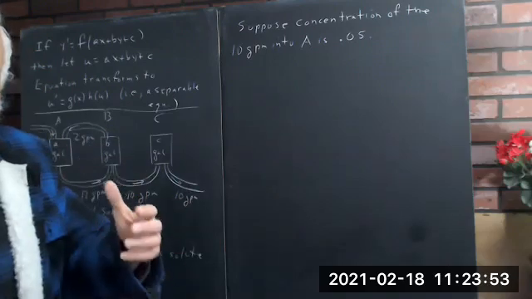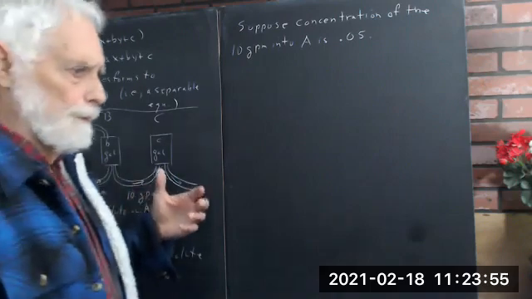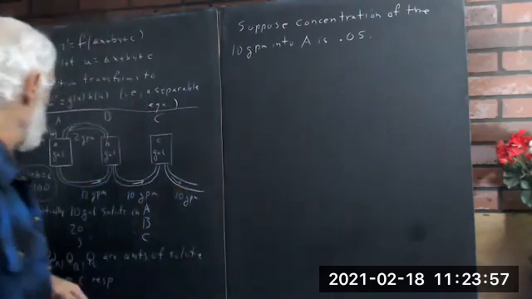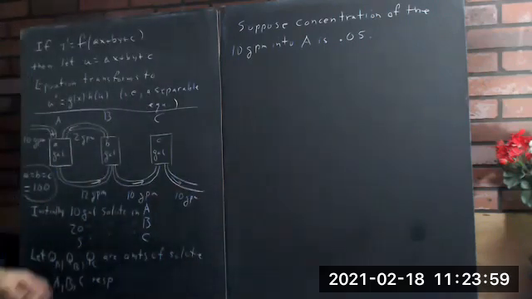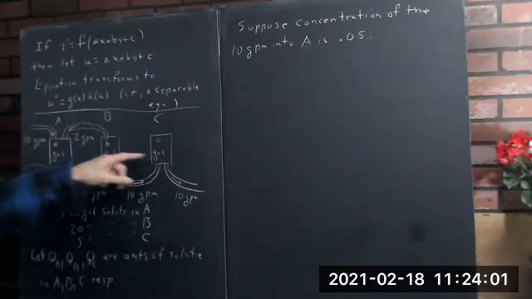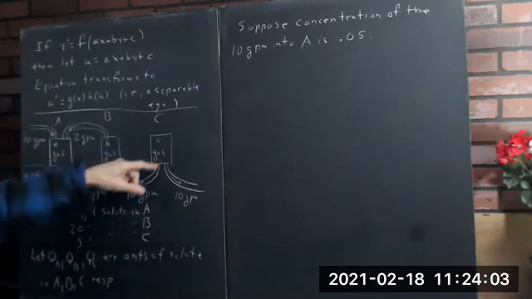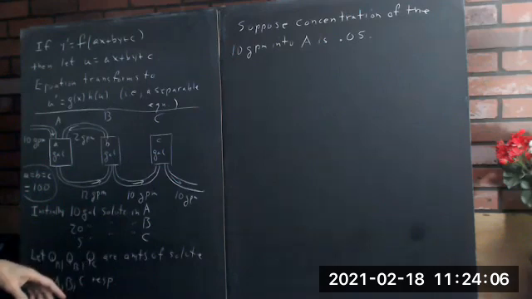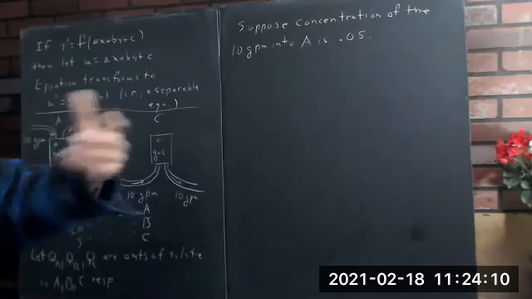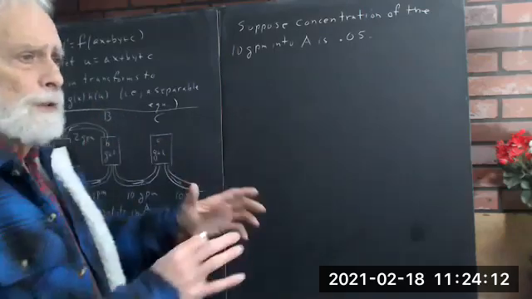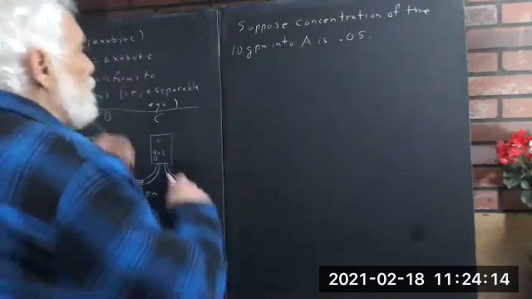Before we write the equations, and you'll see why when we write these equations, we want to determine the initial concentrations in each of the tanks. How much concentration is there in each tank?